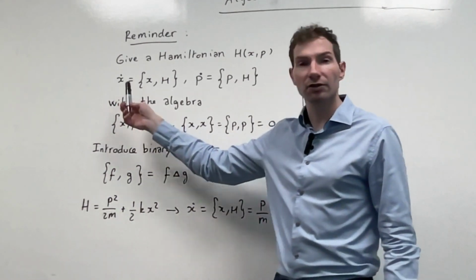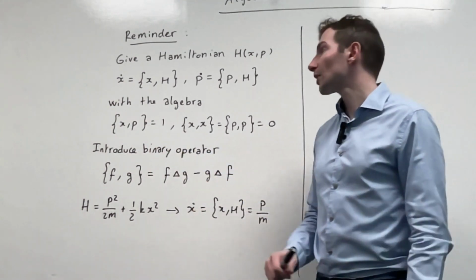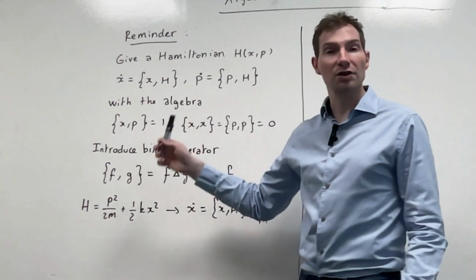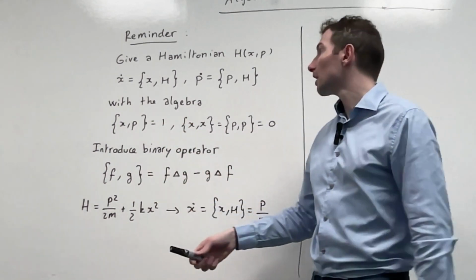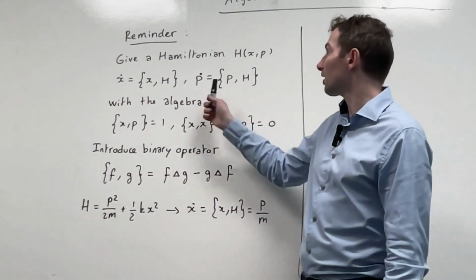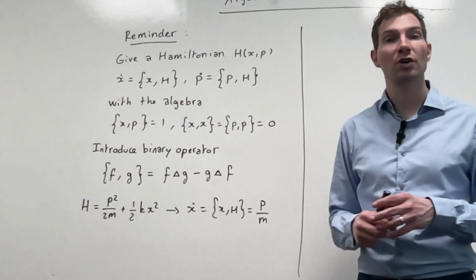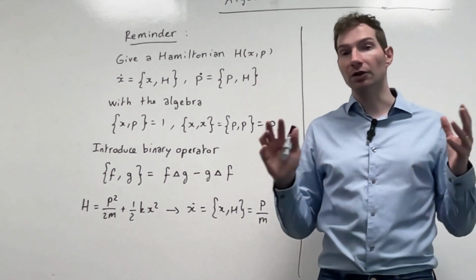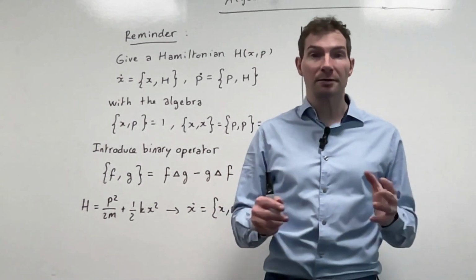So x dot, the time derivative of x with respect to time, is equal to the Poisson bracket of x with H, and likewise, the time derivative of p becomes the Poisson bracket of p with H. Okay, so that's fairly standard.